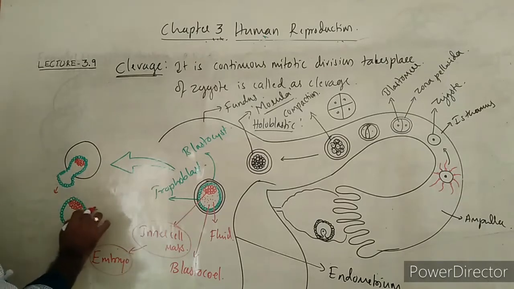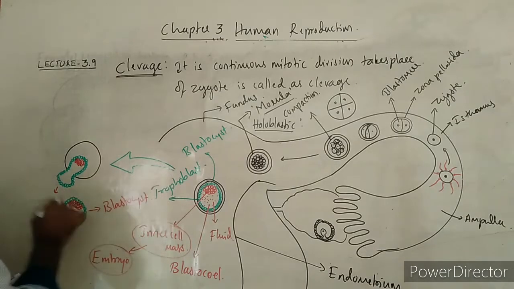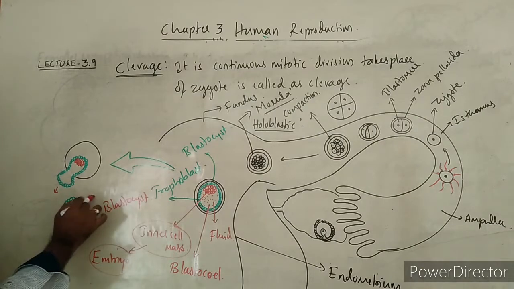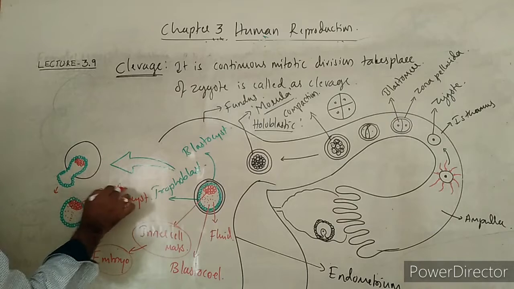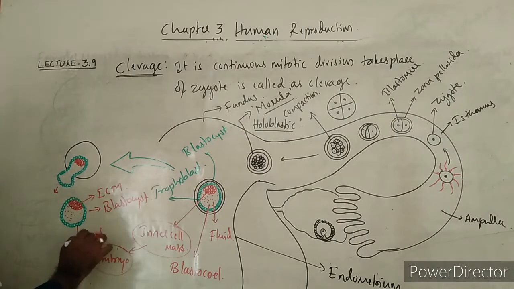So this is the blastocyst that is formed, and this is called the blastocoel, this is the inner cell mass, and this is called the trophoblast.